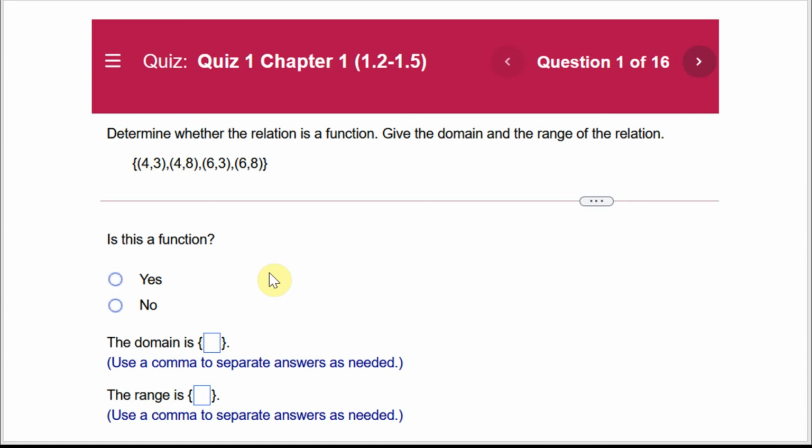So for this problem, it's decreasing from negative infinity to 3, it's constant from 3 to 5, and then it's decreasing again from 5 to positive infinity.